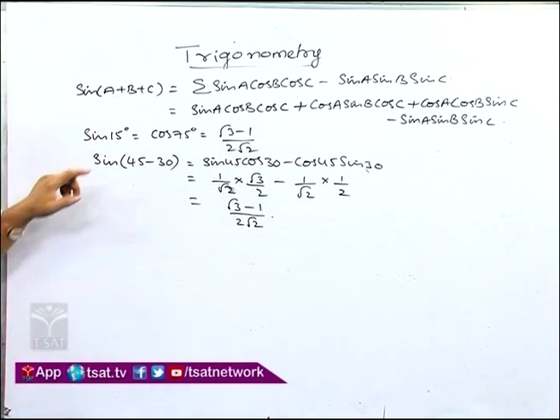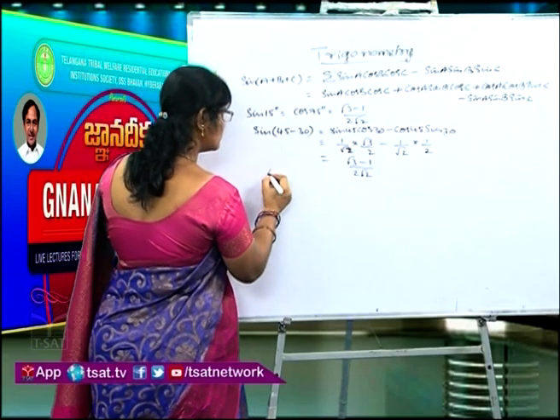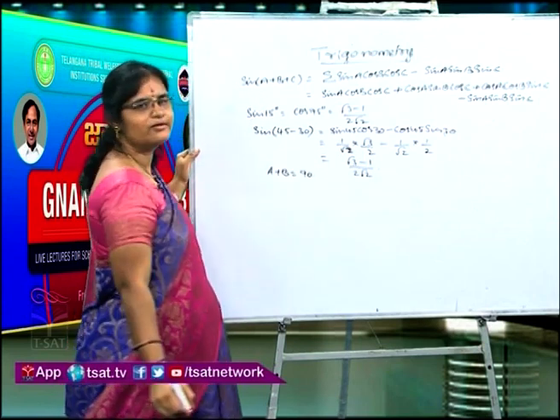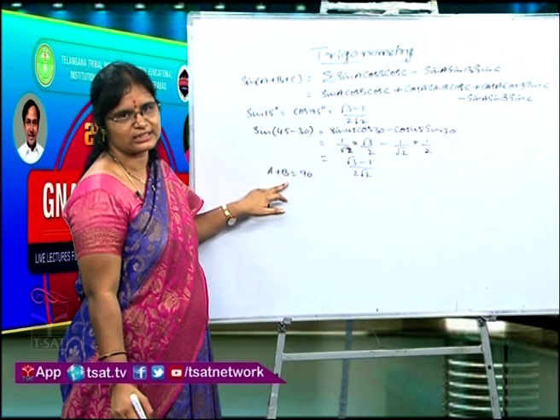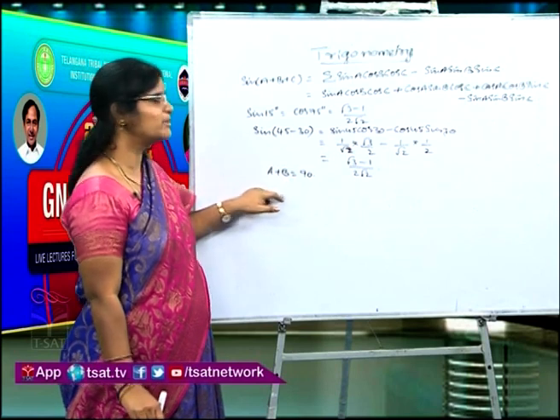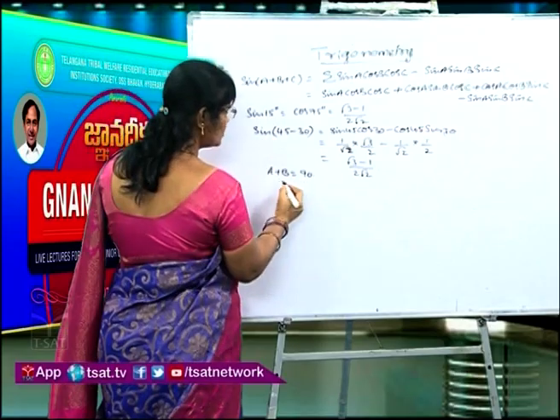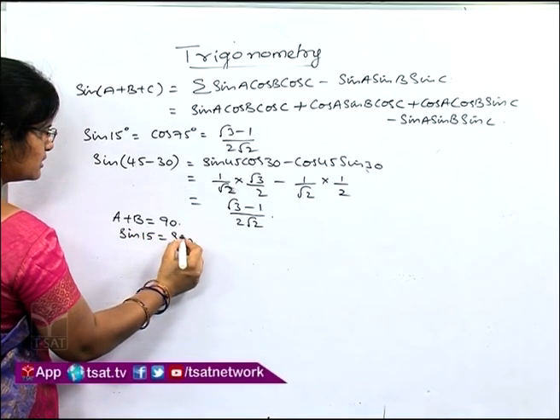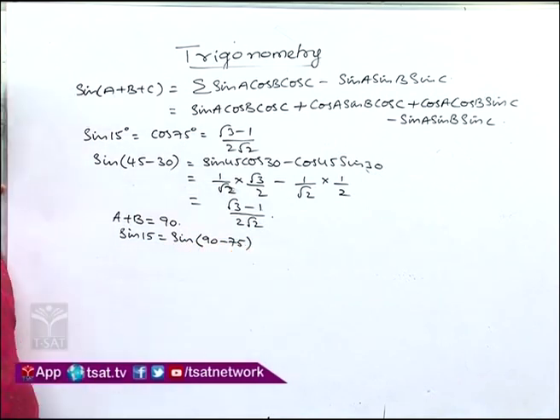And here why have I written sin 15 equal to cos 75, children? We know that if the sum of two angles is 90 degrees, then we say these angles are complementary angles. So, here sin 15 I can write as sin of 90 minus 75, no children?